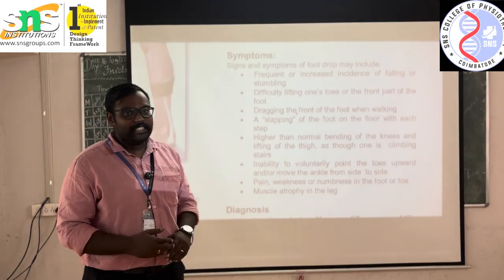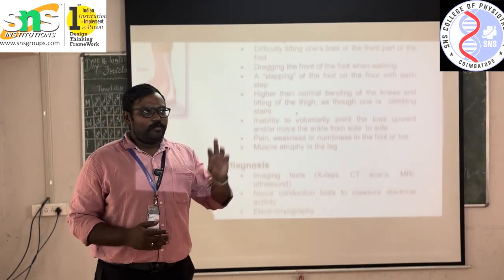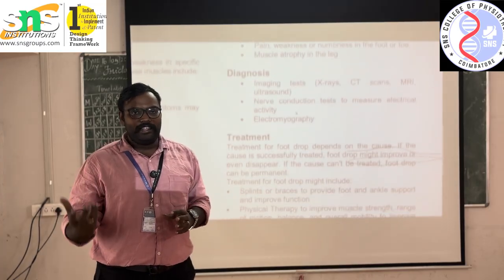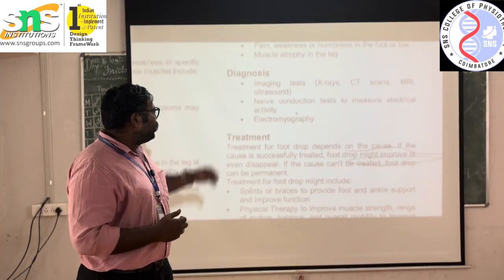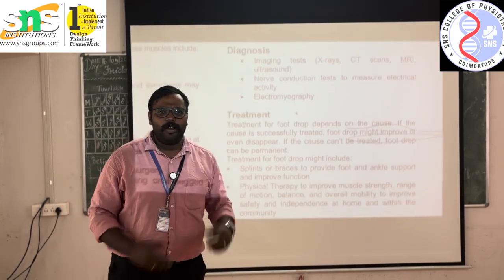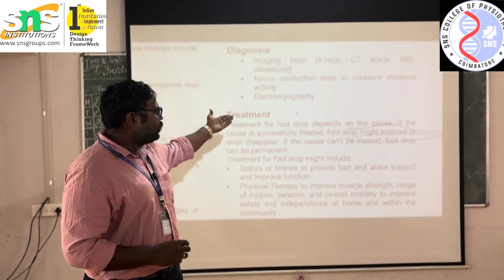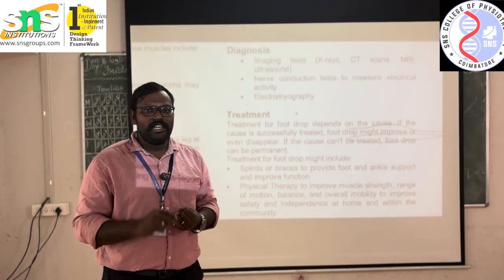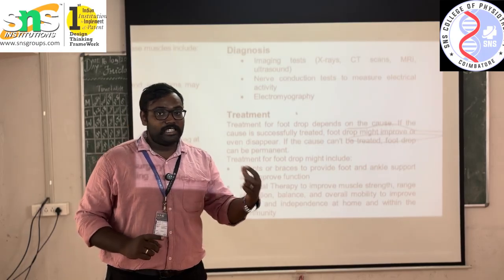Now going for the diagnosis. How do we assume this is foot drop or some other condition? Diagnosis involves X-ray, CT, MRI. Along with these, two major things are most important. One is the NCS, nerve conduction study.